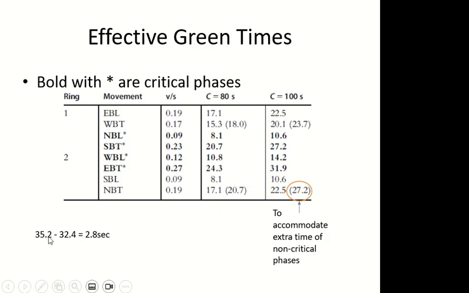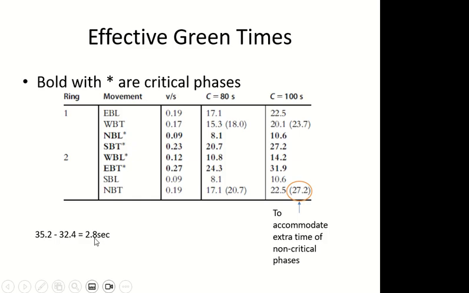So when 35.2 happens, I don't need 32.4 again. So I make the sequence the same. I have a difference of 2.8 seconds here. I need to add 2.8 seconds in one of these two movements. Whenever we have this sort of a problem, we always increase the through movement.